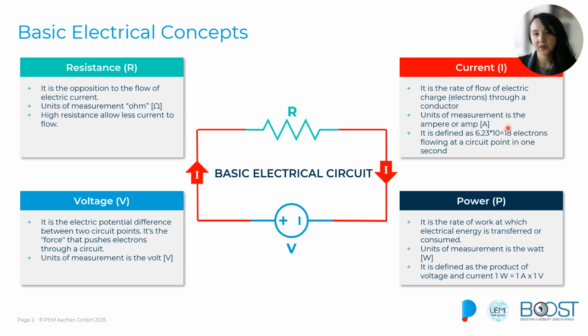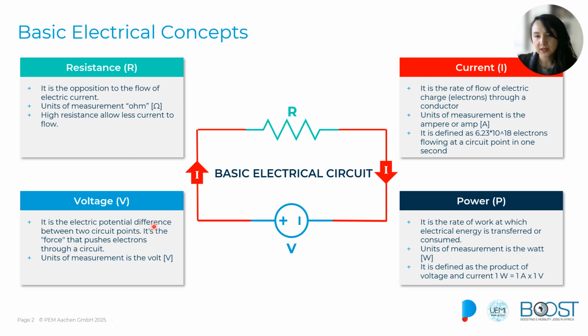On the other side, we have the resistance, and the resistance is what slows down the flow of electricity. We can think of the resistance like a very narrow section in the pipe of water that makes it harder for the water to flow through.